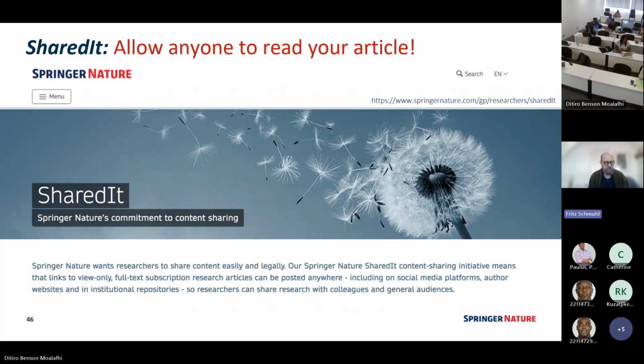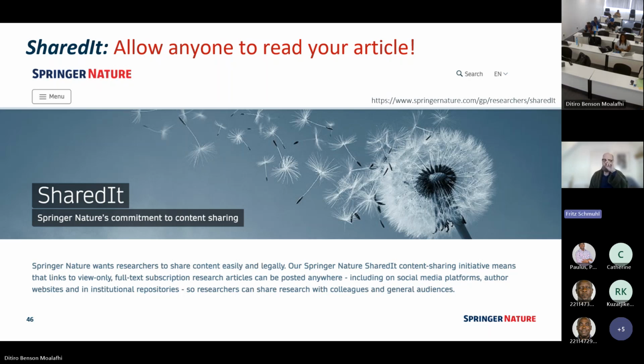They can't print that, they can't download that, they can't make a screenshot, but they can read through the full article and get a sense of what you wrote about. So that is a very nice way of getting the news out to people who don't have institutional access but can still read your article. So please do make active use of that.